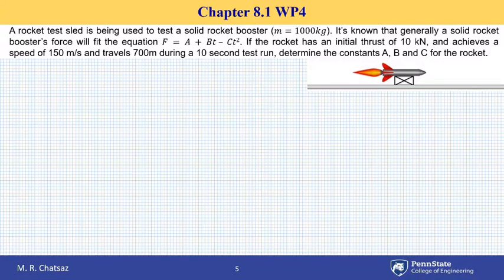So let's draw a free body diagram here. Suppose that this is the rocket. Let's say the forces acting on it: weight due to its mass, so I write mg in general.